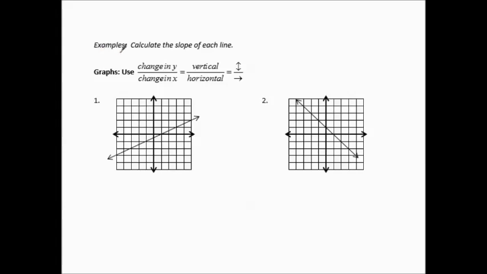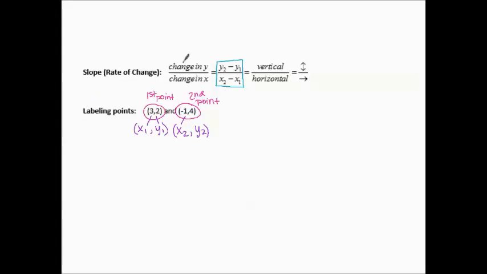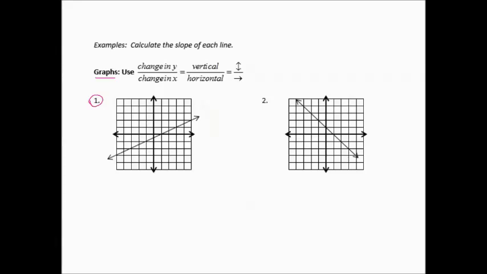Let's look at some examples. We're going to calculate the slope of each line. So in this example, we're going to look at number 1. In this example, I'm given a line and I want to find the slope. So if I have a graph here, I want to use the part of my slope definition that talks about the change in y, the vertical over horizontal, the up down over the right.